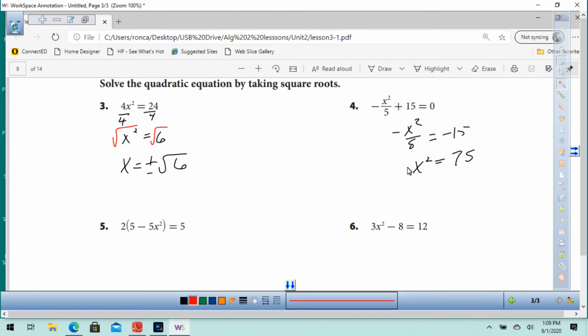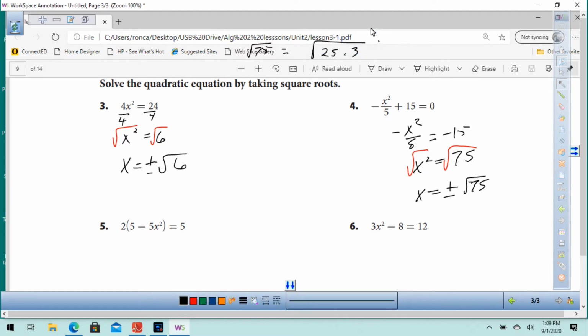Let's take the square root of both sides, and we get x equals plus or minus the square root of 75. Now I'm looking at the square root of 75, and I notice that there is a perfect square in there. So the square root of 75 equals the square root of 25 times 3.